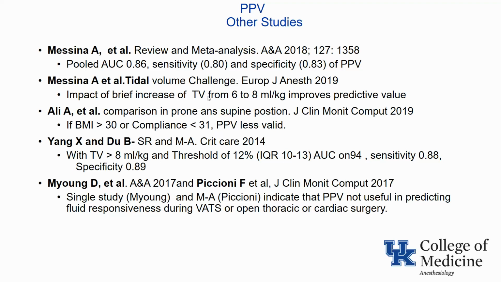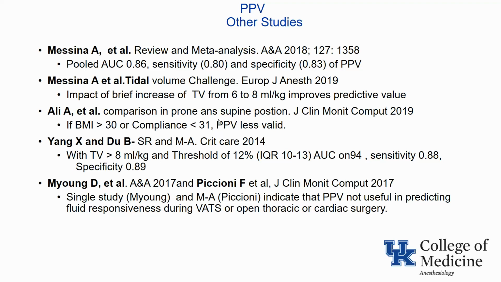This is an interesting study because nowadays we tend to use low tidal volumes. The method is inaccurate at these tidal volumes, but they found that if you briefly increase the tidal volume to 8, this would improve the sensitivity and specificity.